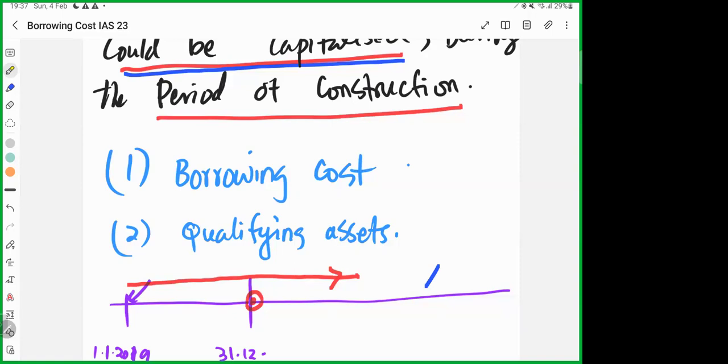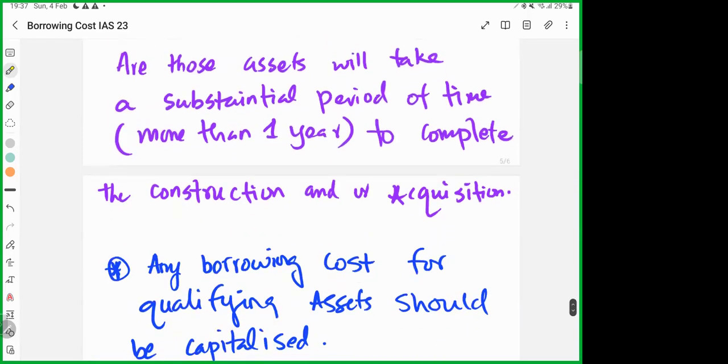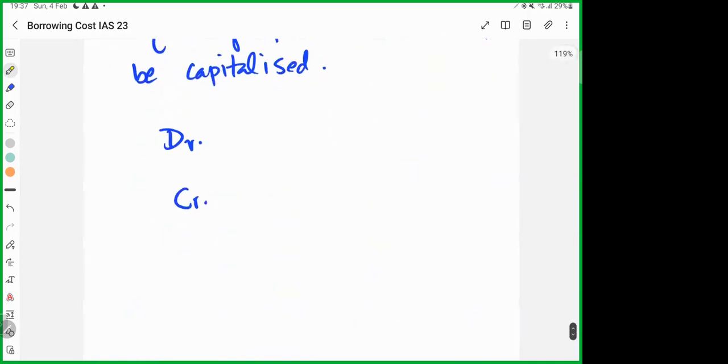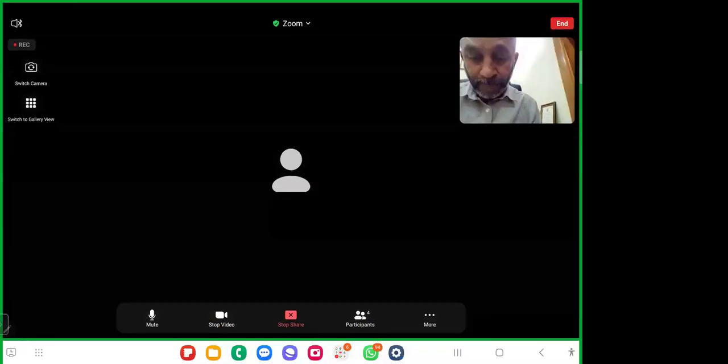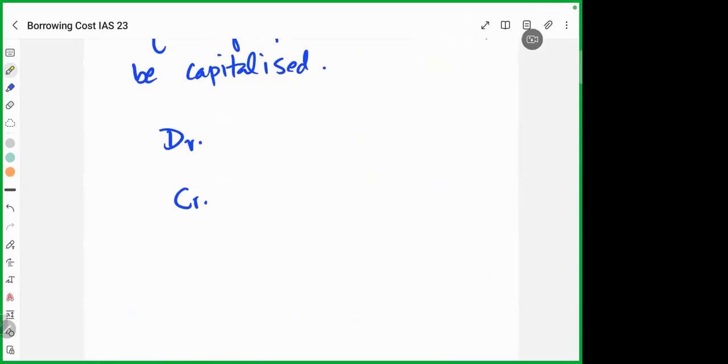Correct? The time it will take for a period exceeding minimum of 1 year. Understood? Yes.